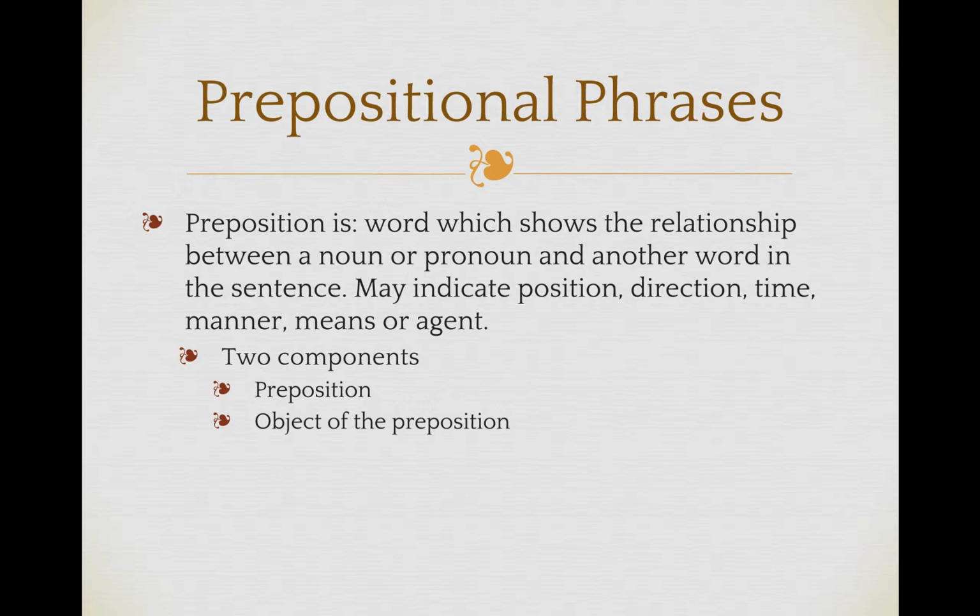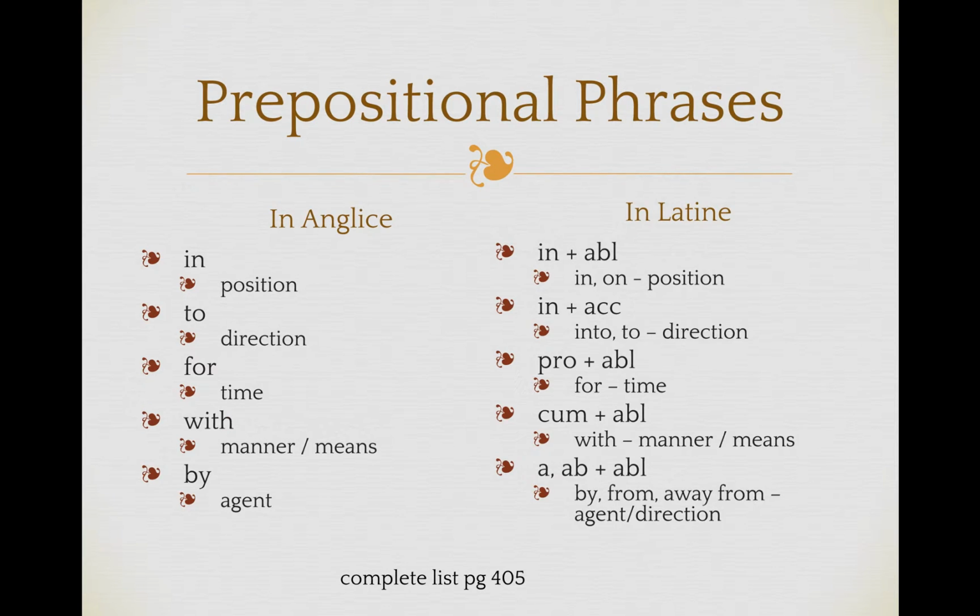And that's the same in English. So hopefully you're remembering that from your English classes. Alright, so in English, you have the preposition in to indicate position, to for direction, for for time, with for manner or means, and by with agent. In Latin, basically, you're still indicating position, direction, time, manner, means, an agent or direction.